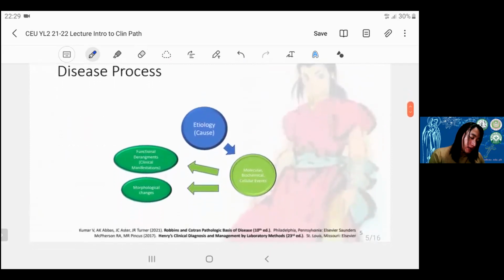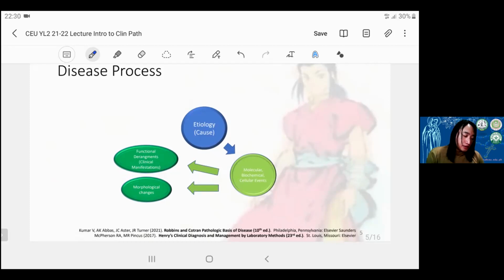And I think I discussed this during my lecture on immunology, but let me reiterate what I mentioned. So in the disease process, as mentioned in Robbins, it starts with an etiologic agent.